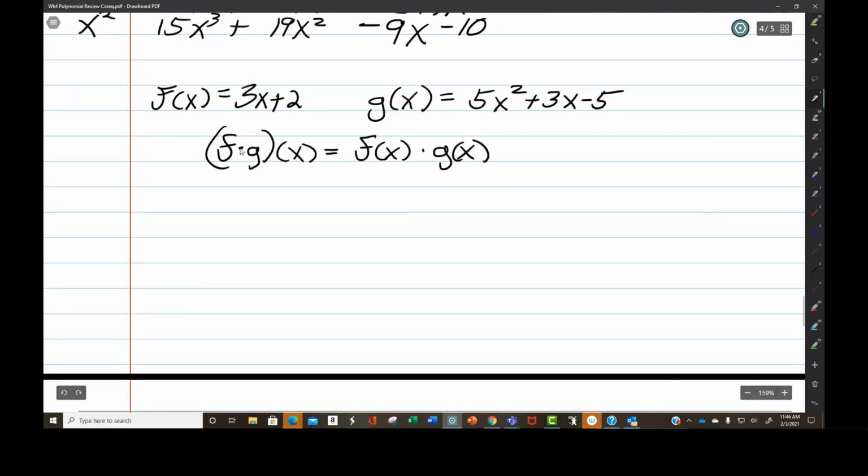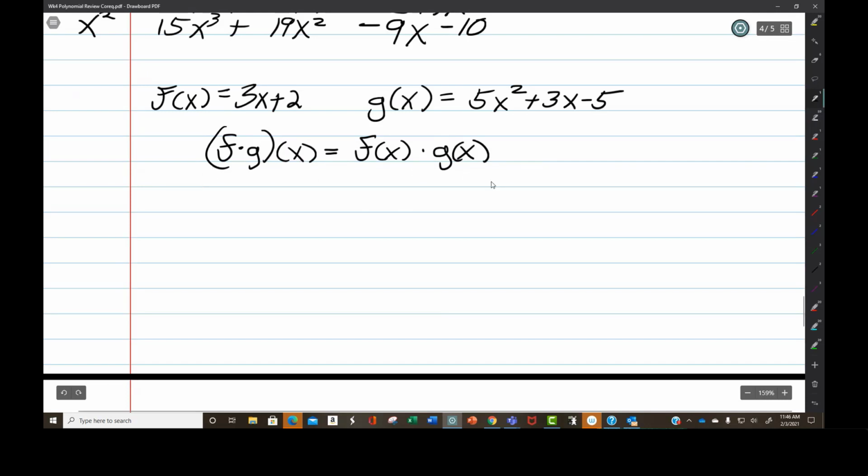And actually this would probably not have the dot, it would just be fg in parentheses of x, which means to take f of x and multiply it by g of x. This is part of function arithmetic. So tomorrow we're going to be adding functions, subtracting functions, multiplying functions, dividing functions.